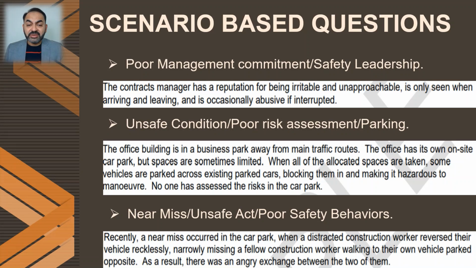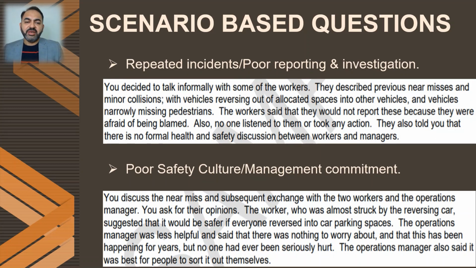So I've taken out these three points from the scenario, and we'll be discussing some other points in the next slide. So guys, if you look at this slide, another highlighted concern, another point I've taken from the scenario, is repeated incidents and poor reporting and investigation.